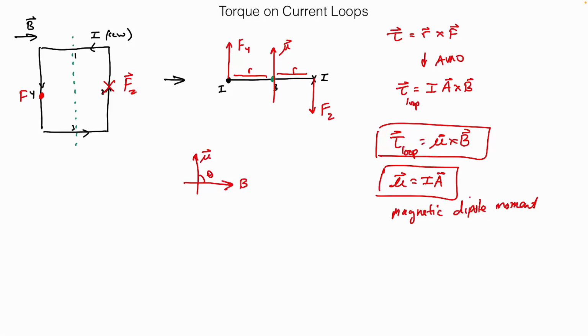What right-hand rule do we use to do cross products? Handshake. What do you shake in the direction of first? Mu. In this case, it's mu cross B, so we go mu to B, and the torque would be directed into the screen.